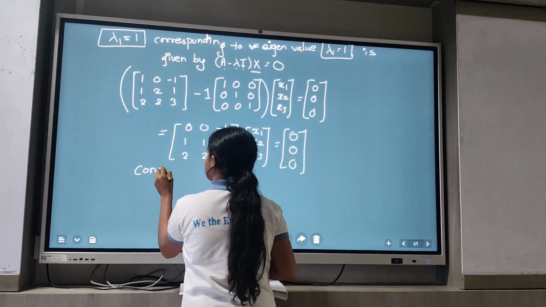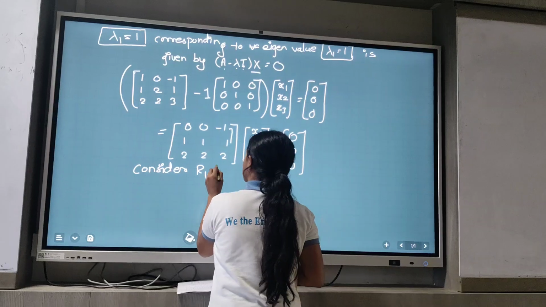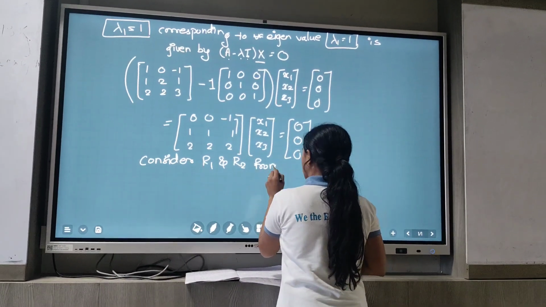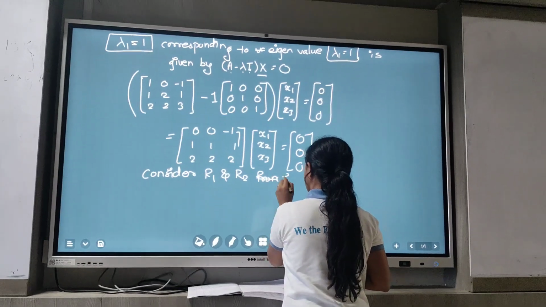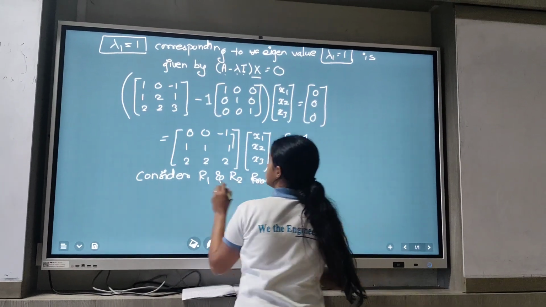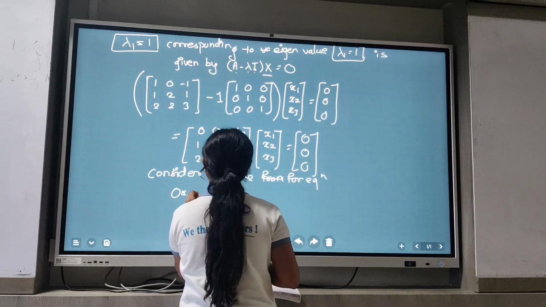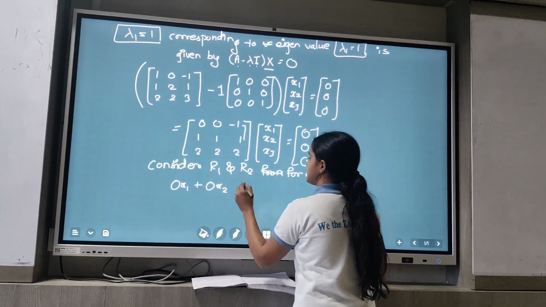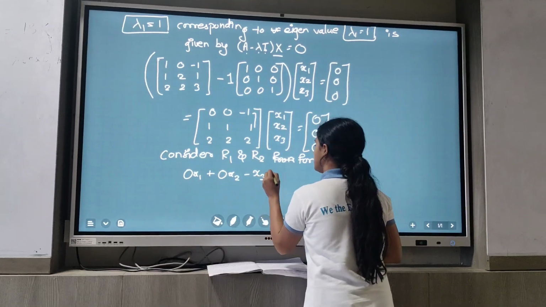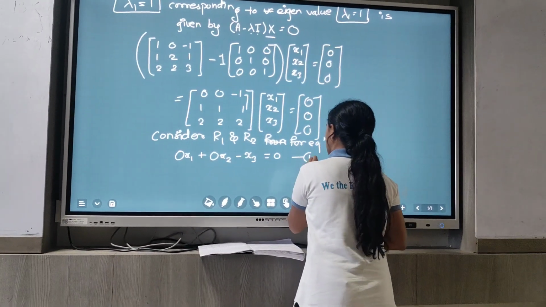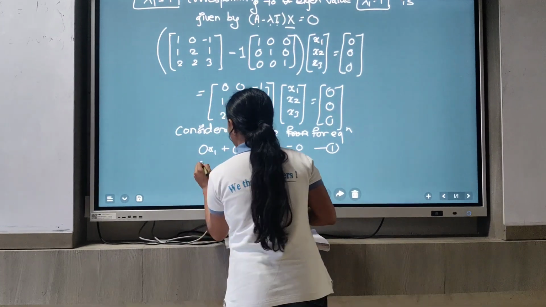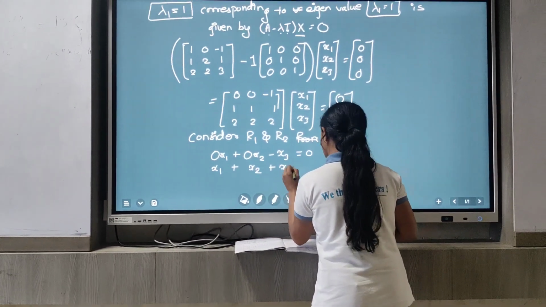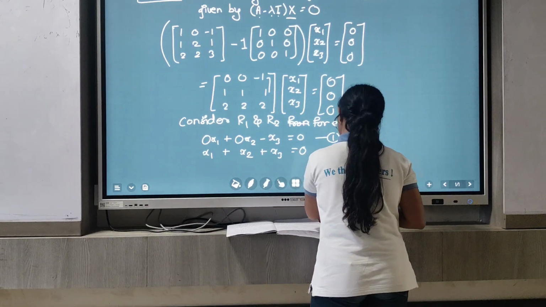So consider R1 and R2 from the equation. This gives 0x1 plus 0x2 minus x3 equals 0. This is the first equation. Now the second: x1 plus x2 plus x3 equals 0. This is the second equation.